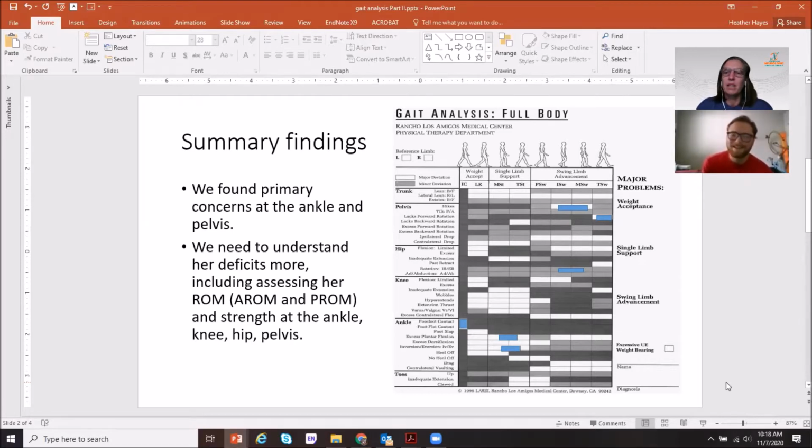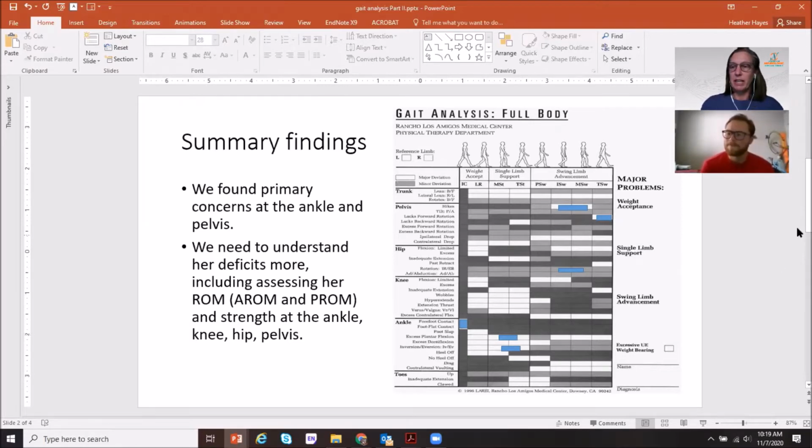Mm-hmm. Good. What else might you want to assess that might be meaningful to her? I'm still concerned about fall risk, what her confidence is in it, and if she has been falling. I think that'll help guide treatments at the very least, to know how much to progress and how much to load her.